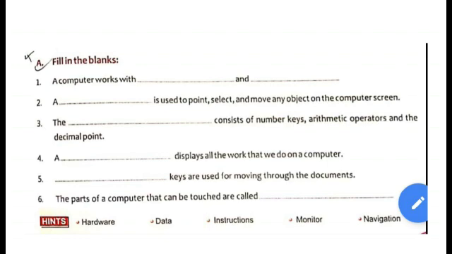This option is also not given there, please write it. So question number 3's answer is numeric keypad. N-U-M-E-R-I-C, numeric, keypad, K-E-Y-P-A-D.